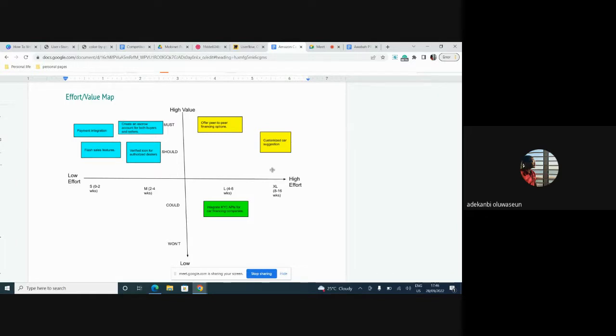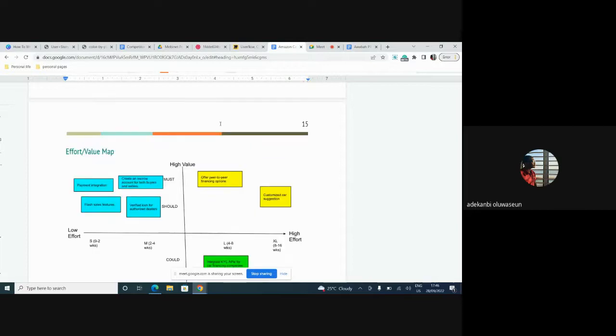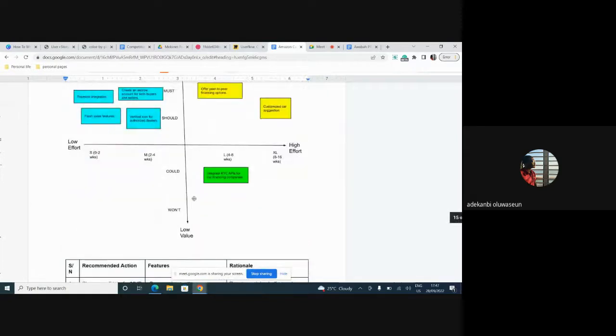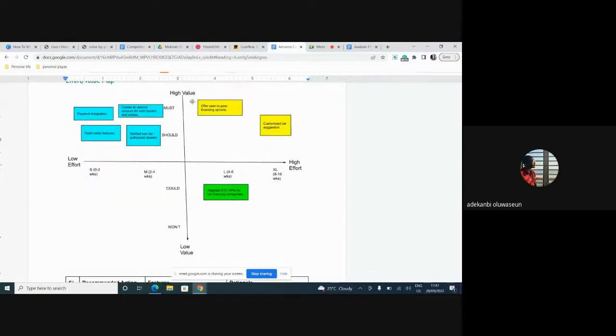Now, any feature you put here, and by the way, in case you don't know how to plot this graph, it is very easy. You just look at the graph, you can see that it is well labeled. You can see high value, low value, must, should, could, won't. On the other side, you can see the T-shirt framework: S, M, L, XL.